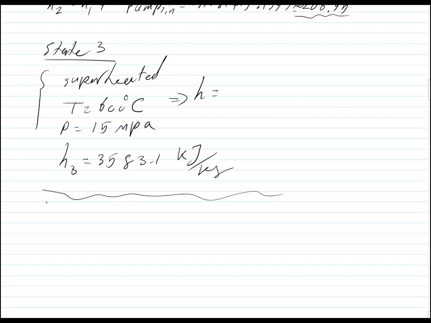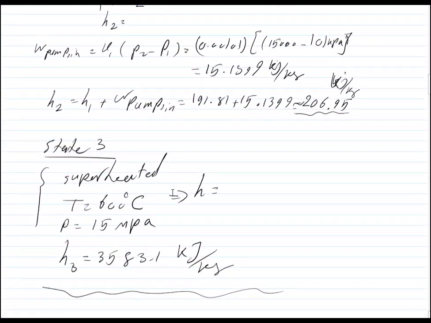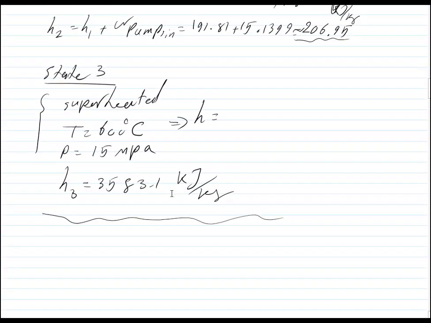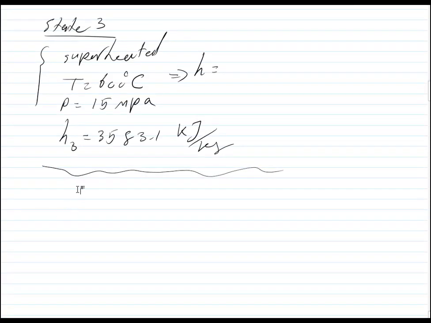Now, what about state 4? If you notice here, state 4 in the graph is in the mixture region. So to calculate the enthalpy for this state, we need to go through a similar procedure to step B and step A to find x, the fraction of the steam, then calculate the enthalpy from that.